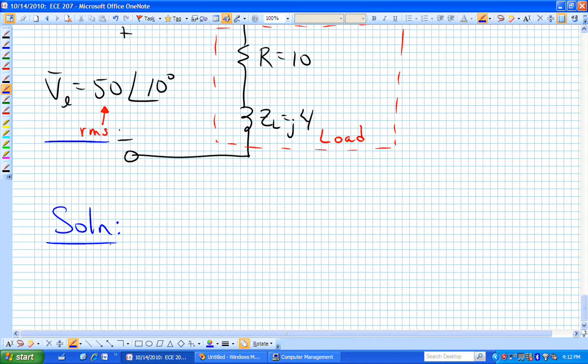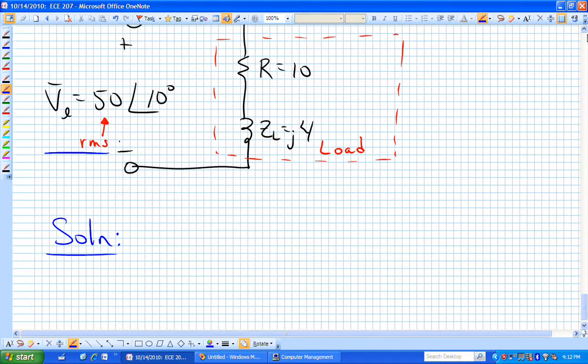Let's look at this particular problem. What's the impedance of our load? If I said, just give me the impedance of the load, everybody leaves after they've done their class participation. Or maybe I should do it this way.